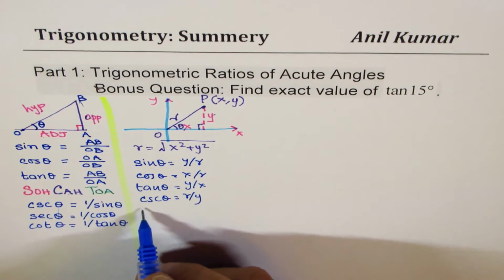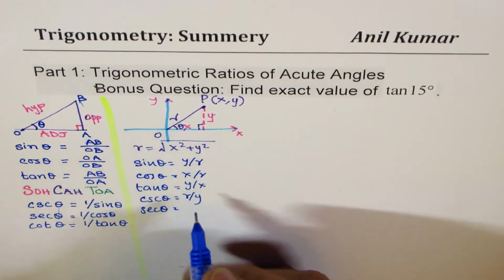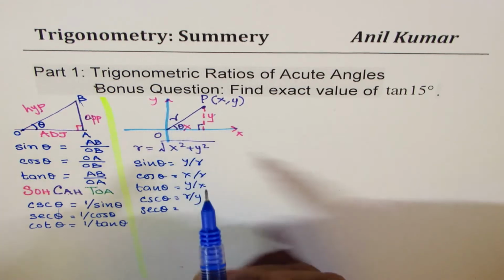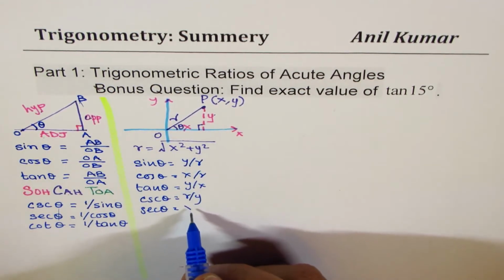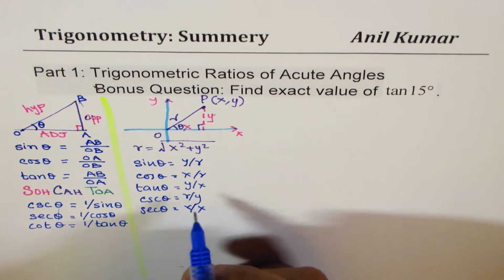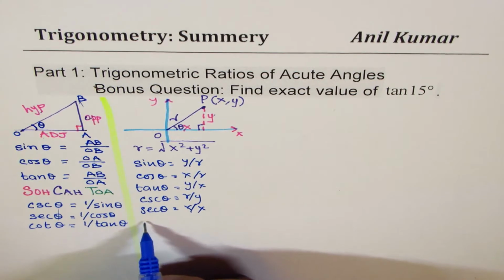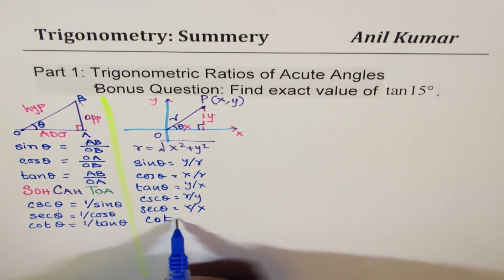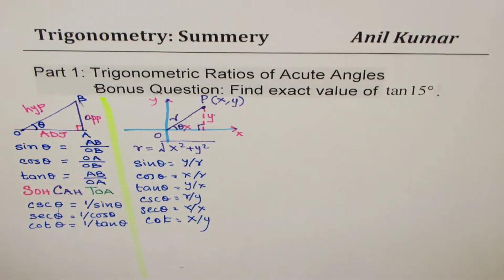Secant theta will be r over x, reciprocal of cosine, and cotangent will be x over y. So that is how you can get the ratios if any coordinate point is given to you.